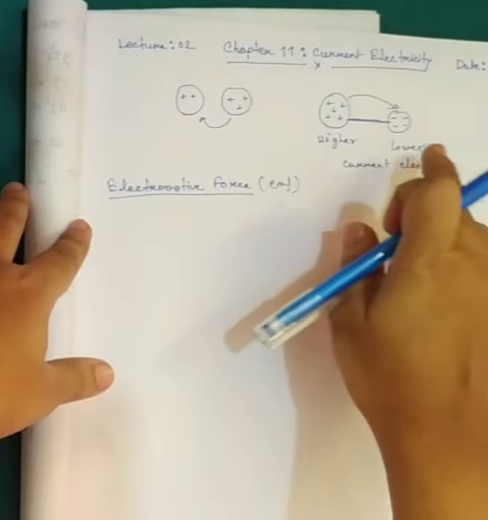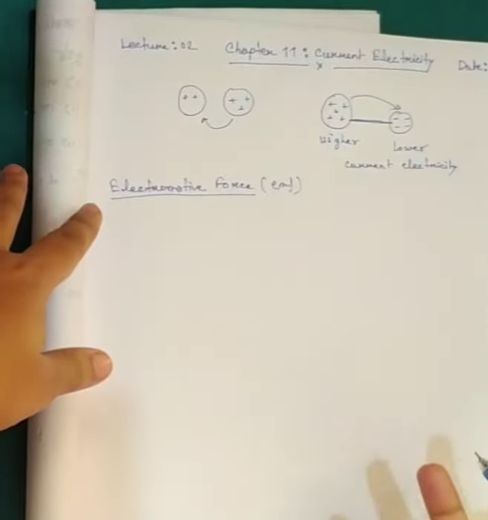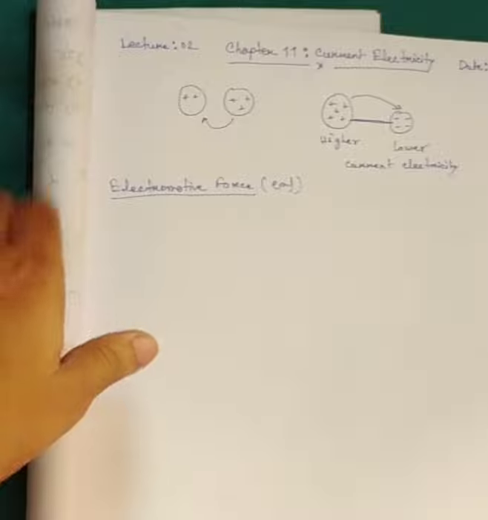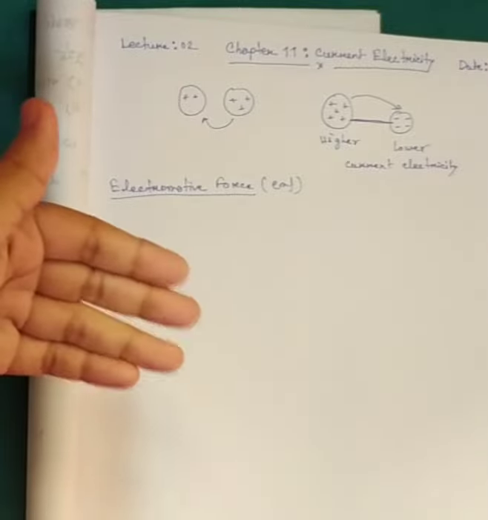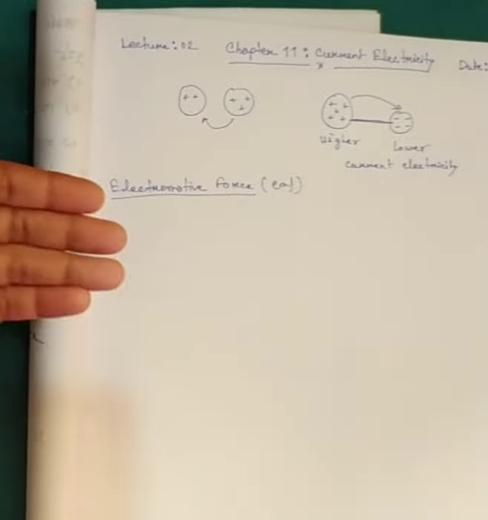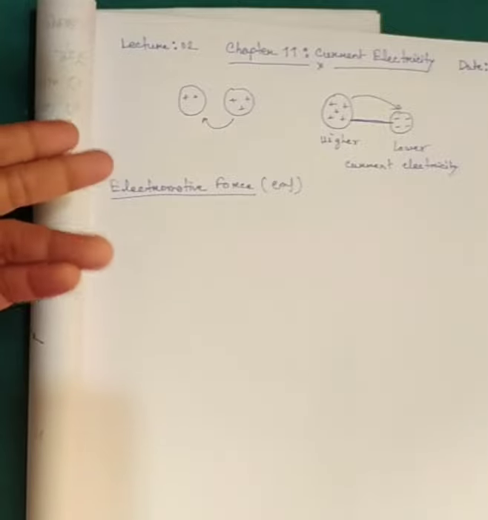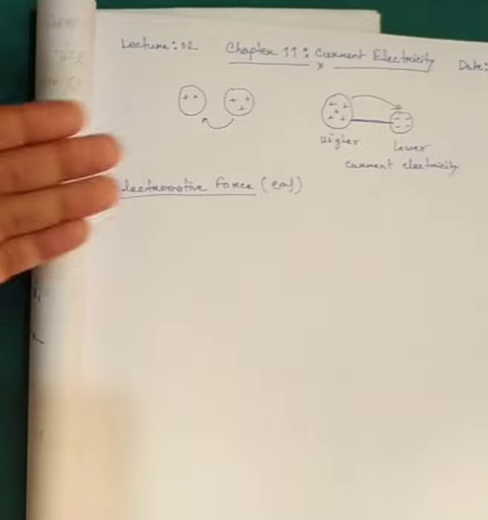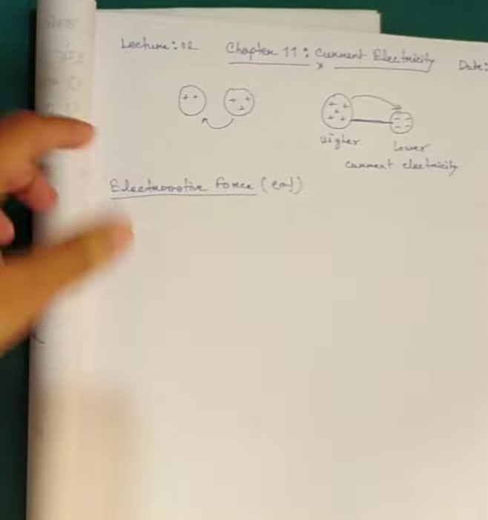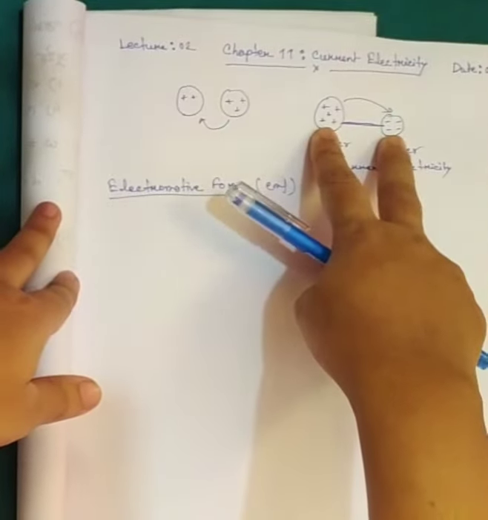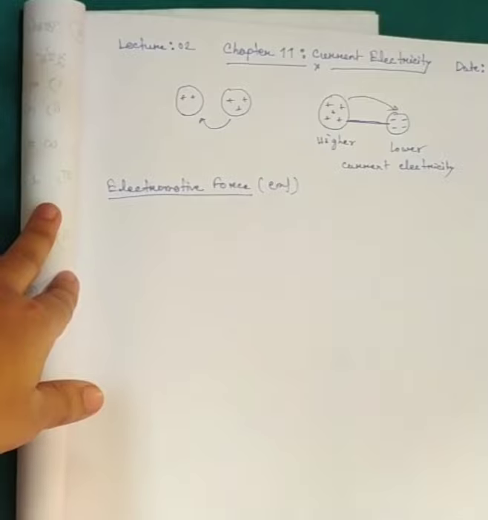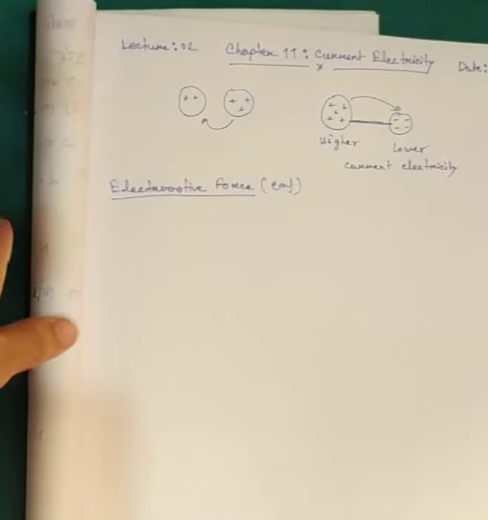Then there will be no flow of charges and no current, because the flow of charges is the flow of electricity or current. So if there is no potential difference between two objects, there will be no movement of charges and no current.